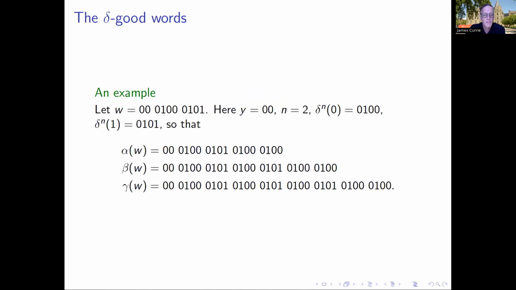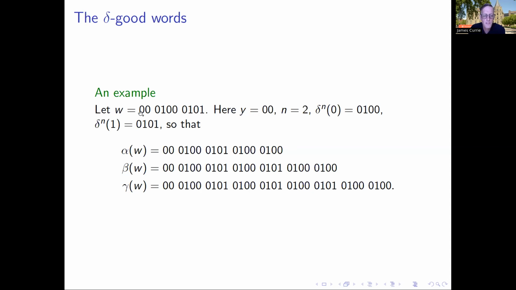So here's an example. I start with this word w. I pull off the highest power of delta to the n from the end of it. So it ends in 0, 1, but actually it ends in delta squared of 0, 1. This is the image of 0, the image of 1. So this is delta squared of 0, and this is delta squared of 1.